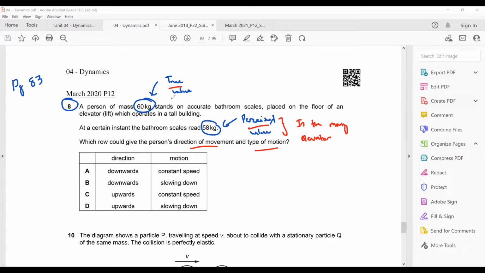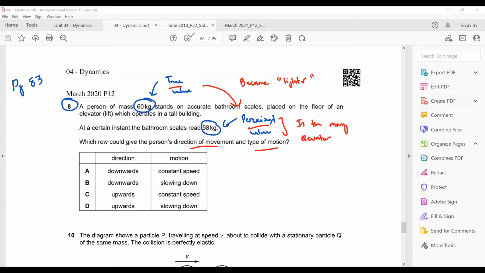Now, from the true value to the perceived value, the person actually became lighter, isn't it? So this is the elevator case that we've done in one of the notes.